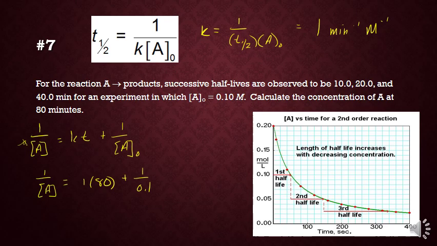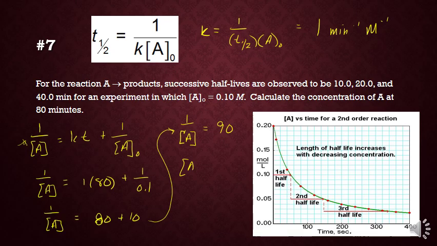And then we end up with 1 over the concentration of A is going to equal 80, I'm getting ahead of myself, plus 10. So then we have 1 over the concentration of A equals 90. So the concentration of A at time 80 minutes then is going to be equal to 0.011. That's it.